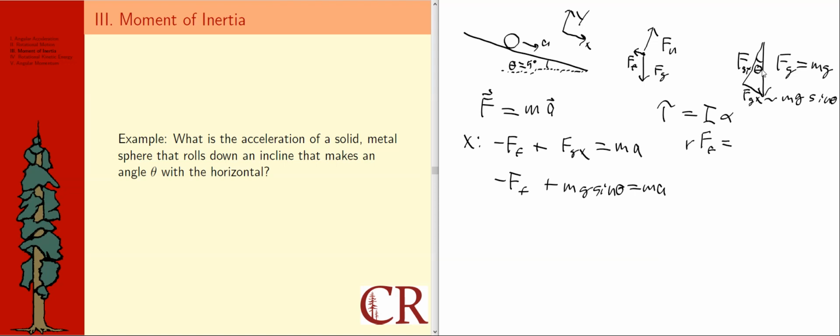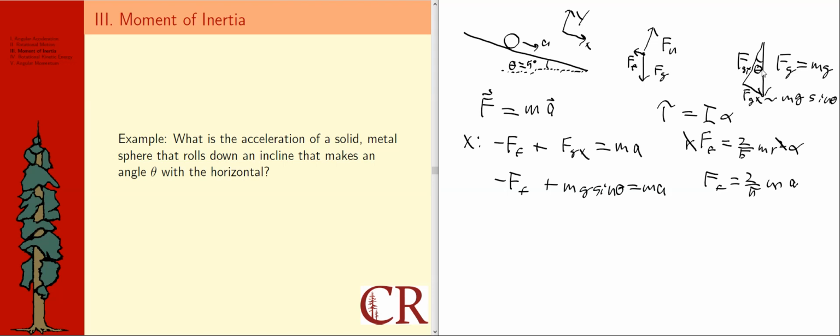For a sphere, the moment of inertia is 2/5 m r squared, and then we've got alpha. So that's what I get from looking at the rotational part here. I can cancel out one of these r's, and then recognize that r times alpha is equal to the linear acceleration a.